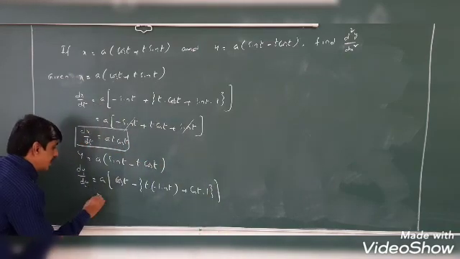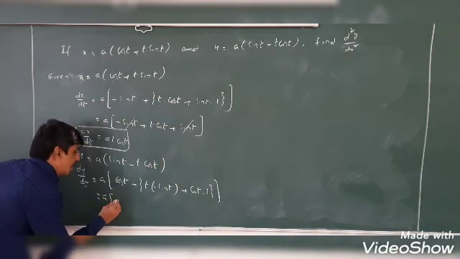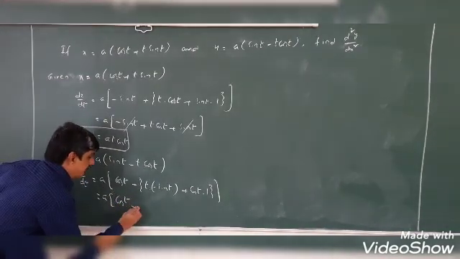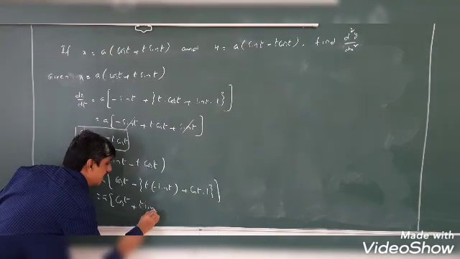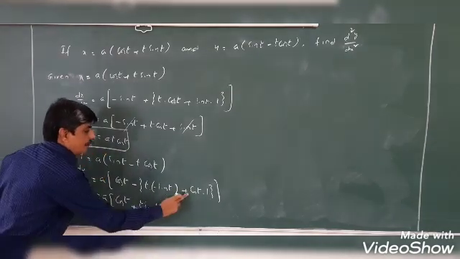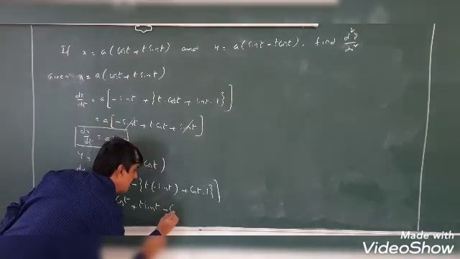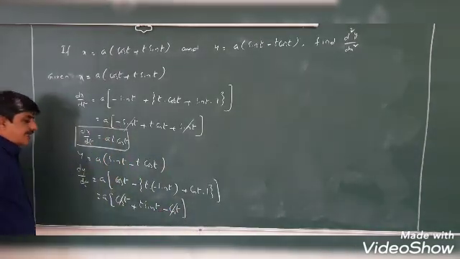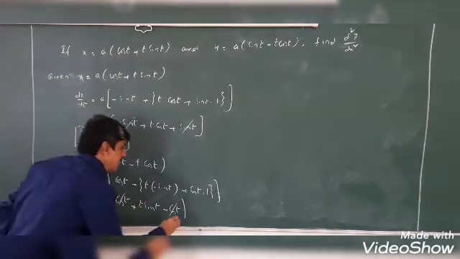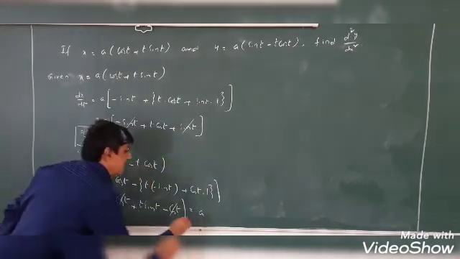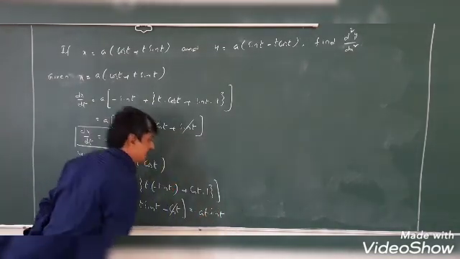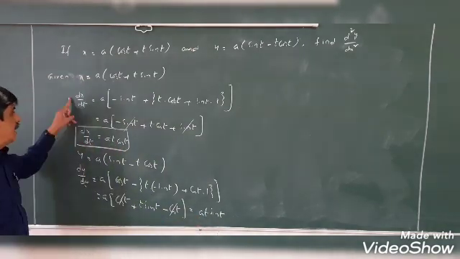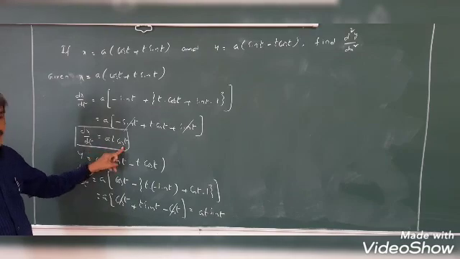Simplify this. So this is a into cos t minus t sin t, before minus there, minus of minus is plus t sin t. So this minus into plus is minus cos t. So minus cos t plus cos t gets cancelled. Remaining is a t sin t. So dy by dt is equal to a t sin t and dx by dt is equal to a t cos t.